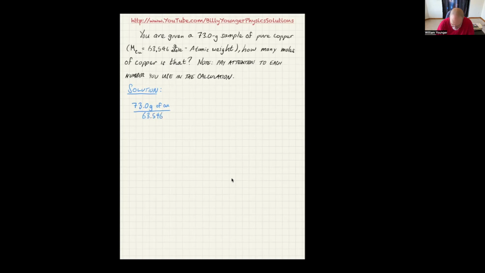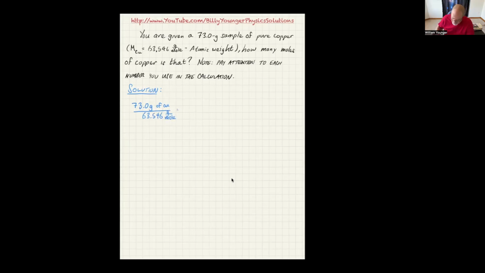63.546. As always, I like to carry at least one extra sig fig on all calculations, so I prefer to use 63.55 rather than just 63.5, because that's just exactly the number of sig figs that I was given. So when I actually do this, this is going to give me a number of moles.